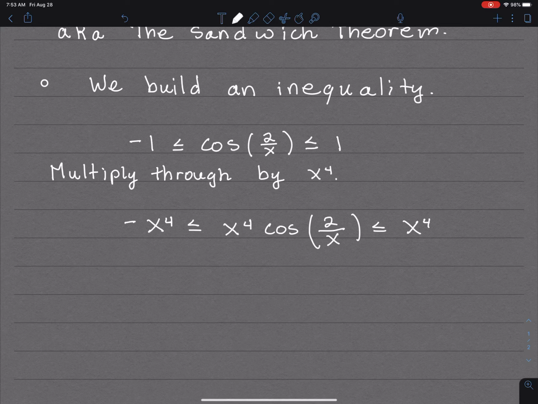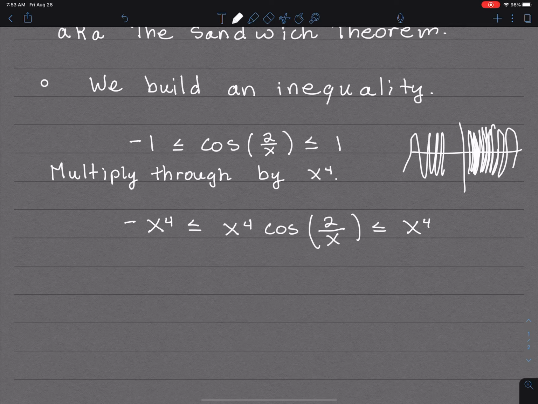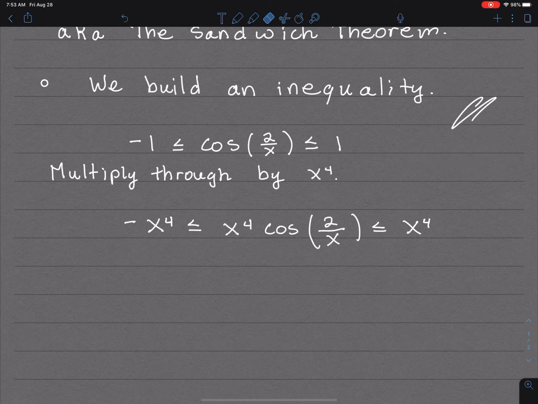I just hope you can appreciate that cosine 2 over x is a function that, roughly speaking, is going to oscillate infinitely as it gets closer and closer to 0. This is something like what cosine 2 over x looks like. Something like that. The limit's not going to exist. It's a crazy looking function. I mean, the graph. Crazy? That's just not very precise, so maybe I shouldn't use that in math.